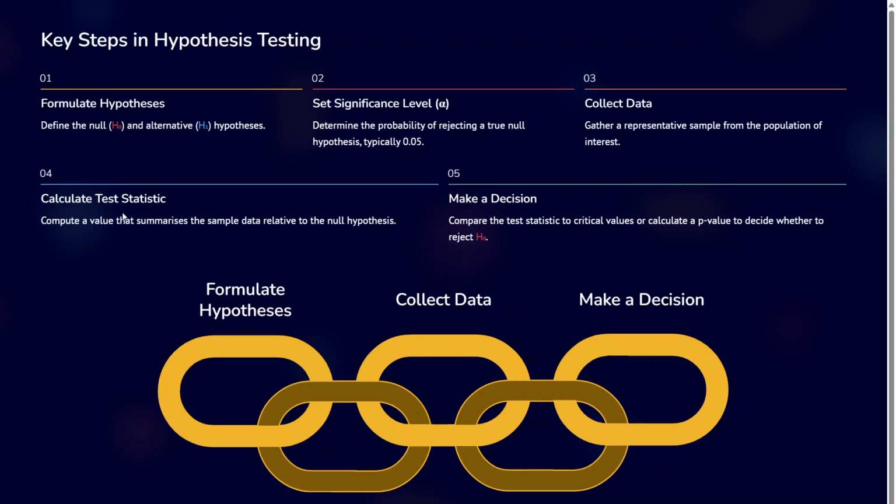Then, we calculate a test statistic, basically a number that measures how unusual the sample is under H0. After that, we make a decision: either reject the null hypothesis if evidence is strong, or fail to reject if evidence isn't enough. Notice, it's not about proving something absolutely. It's about weighing evidence and making the best decision possible.